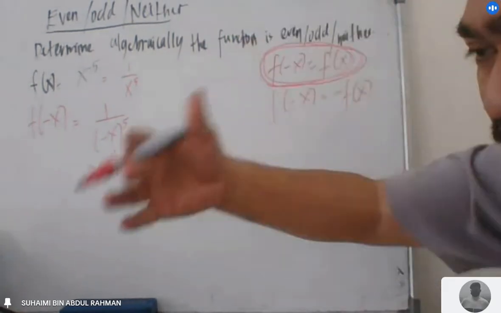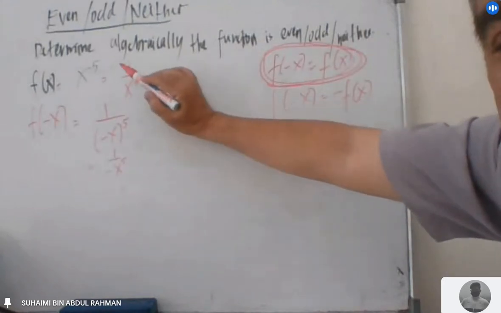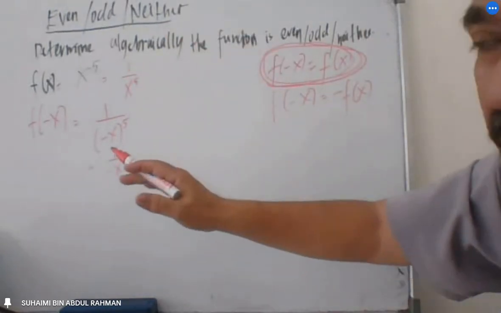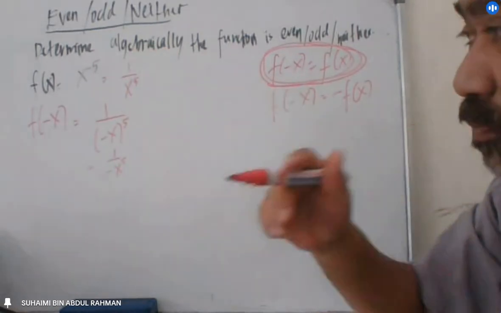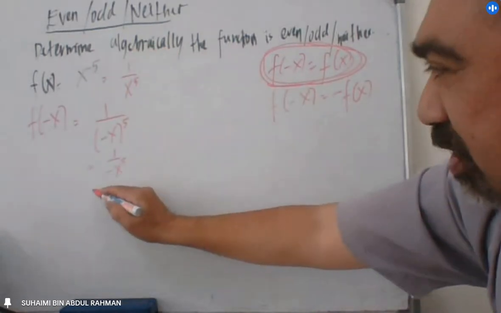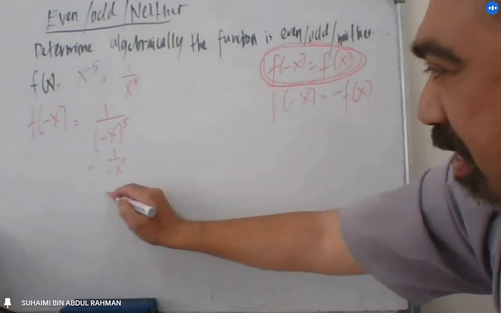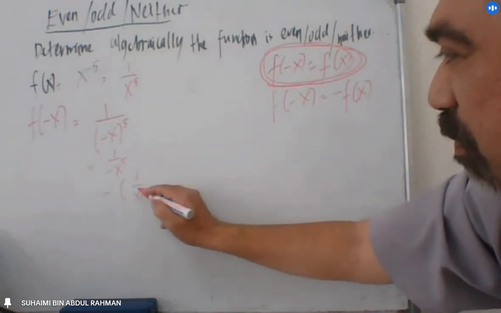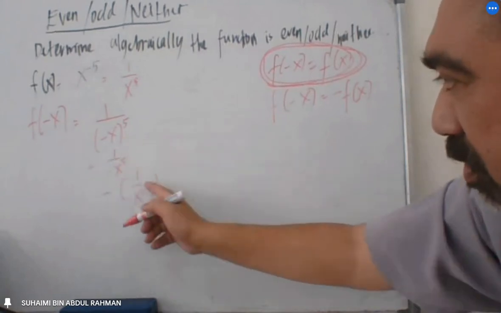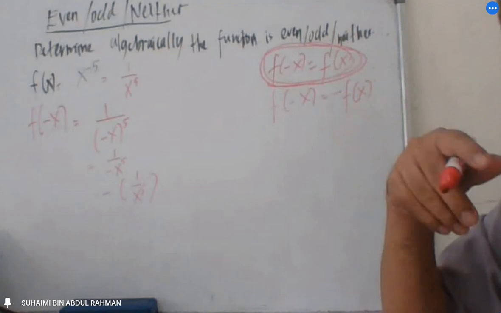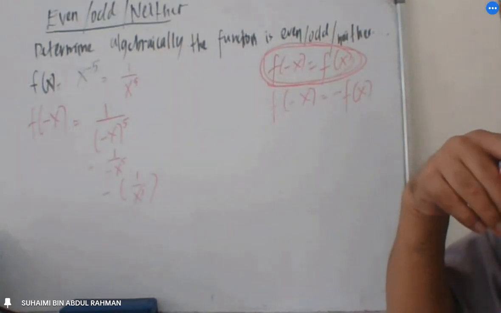If you look at the previous example, x to the power of 2 is going to be the same, but a power of an odd number is going to be different. This is equal to minus 1 over x to the power of 5. These two are the same.